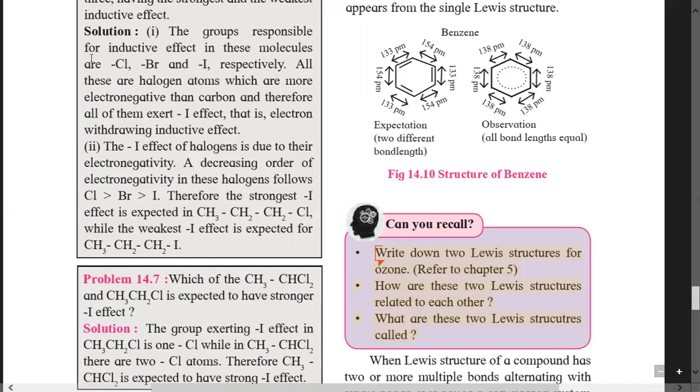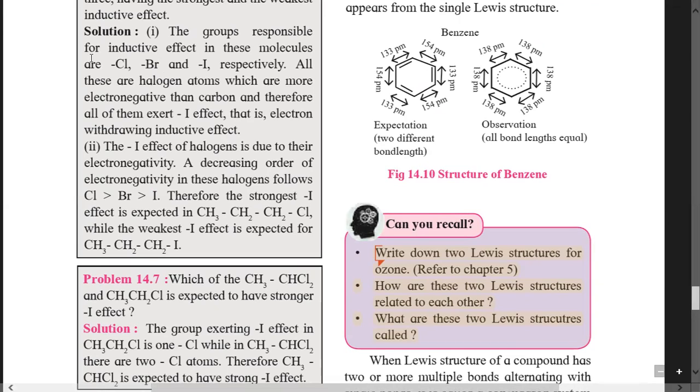Here the actual bond length of the single bond is 154 picometer, and the bond length of the double bond is 133 picometer. But in the resonance structure, all bond lengths in the benzene structure are identical, equal.